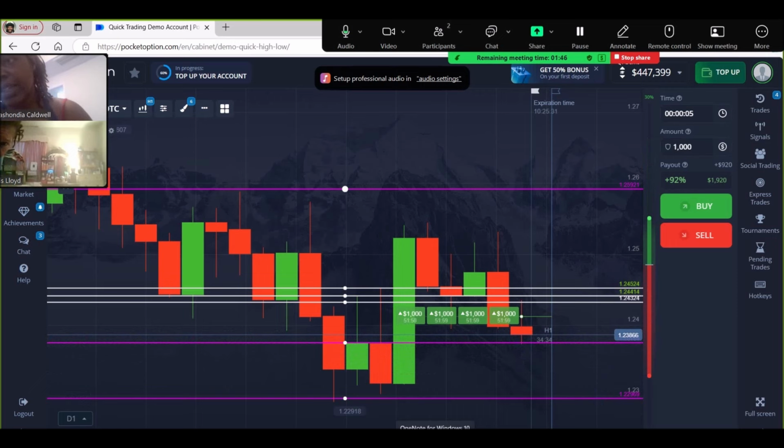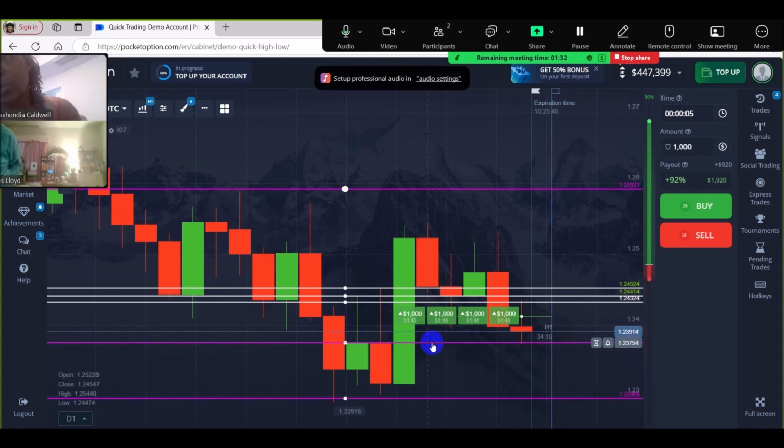So you see how it respects the higher time frames more than the lower time frames. So that's the reason why you would make your horizontal lines different colors depending on whether it's the daily chart, the hour chart, or the 15-minute chart. You see what I'm saying?